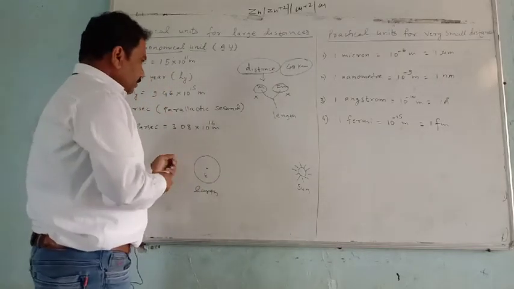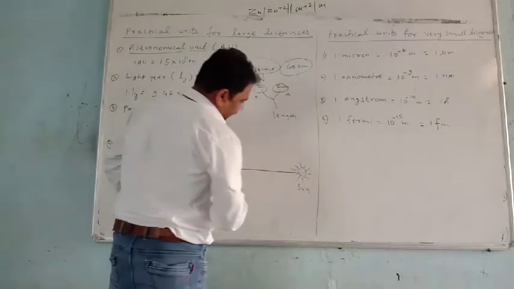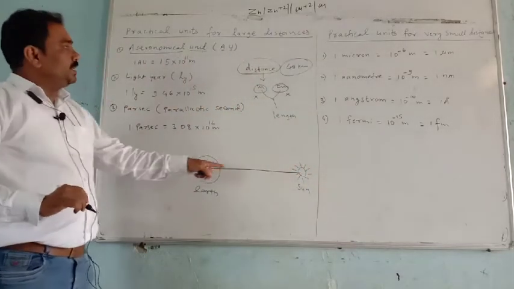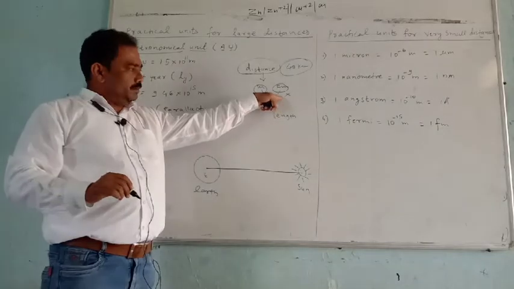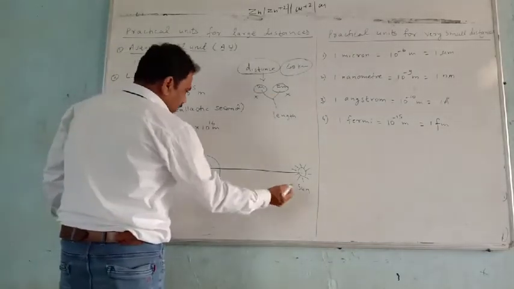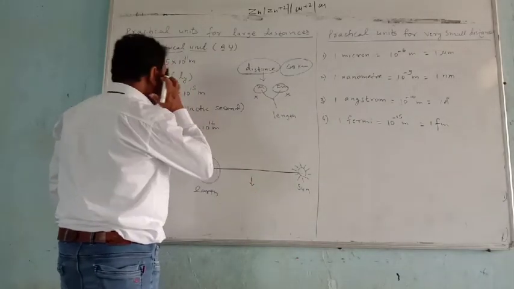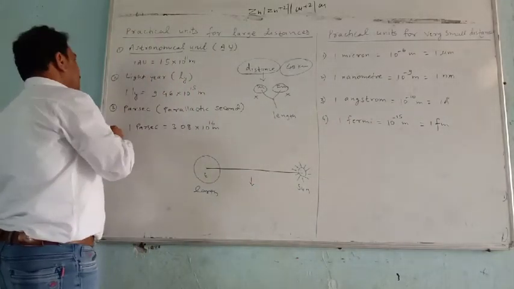If we want to measure the distance between two such objects, it is not measured in meter or kilometer. If we want to measure the distance between the earth and the sun, definitely the distance is in AU.